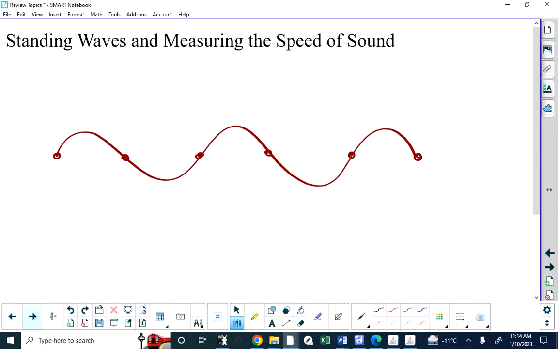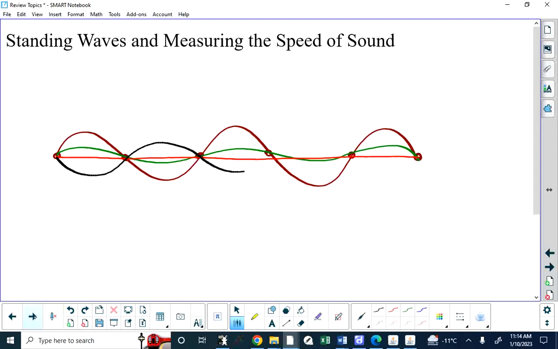This is just a snapshot in time. What happens is it goes from that position to that position to this position to this position. I think you get the idea.